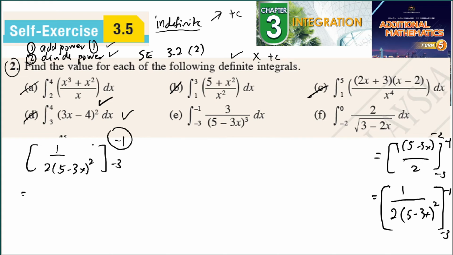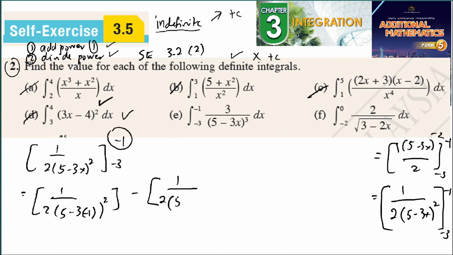First we substitute x with negative 1. So 1 over 2. 5 minus 3, negative 1, close back, square, minus 1 over 2, 5 minus 3. So we see here we only have one x here, which is only one number will be substituted. Okay, this one is square.